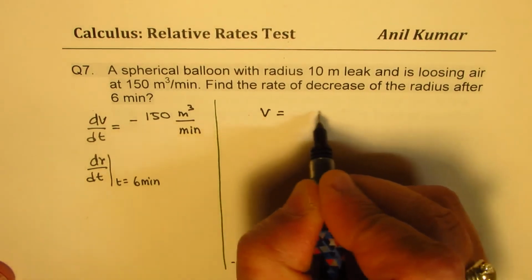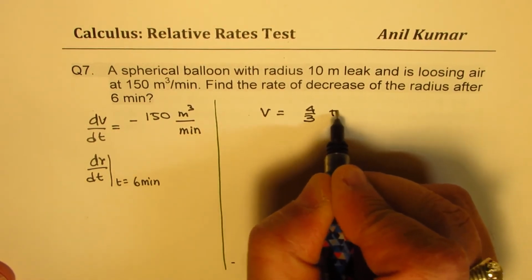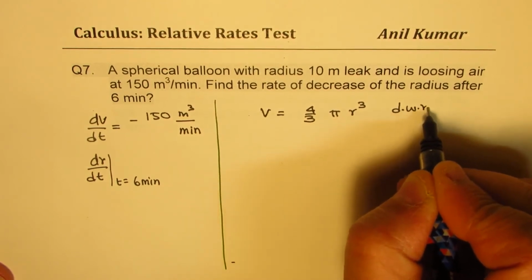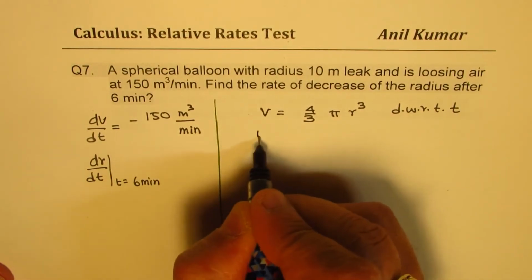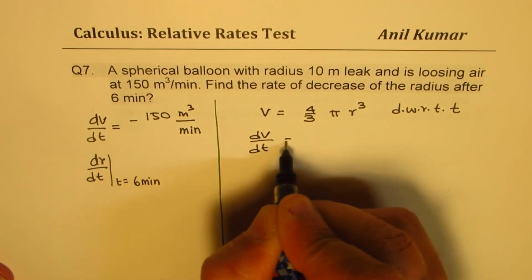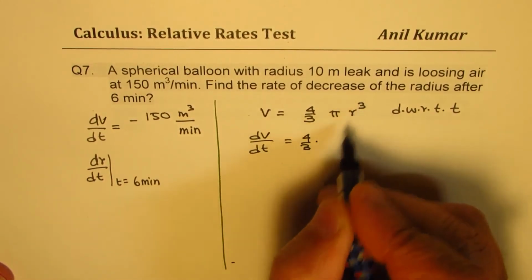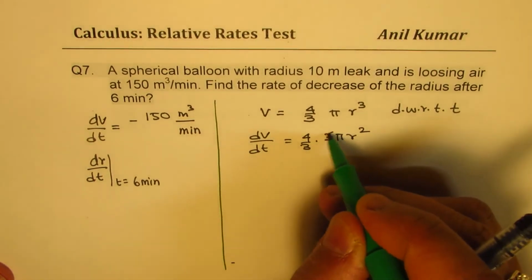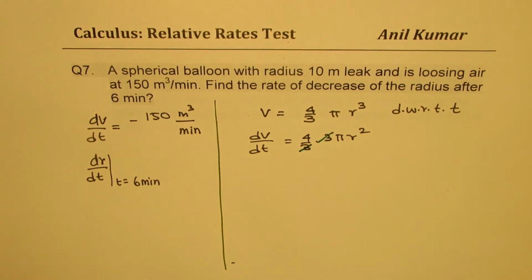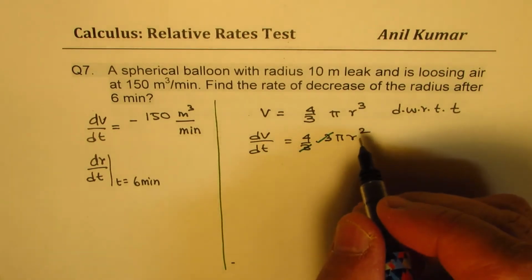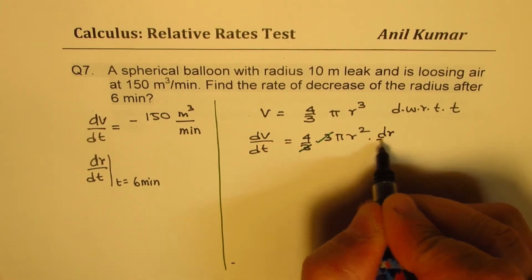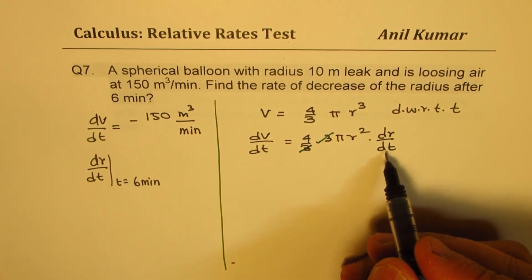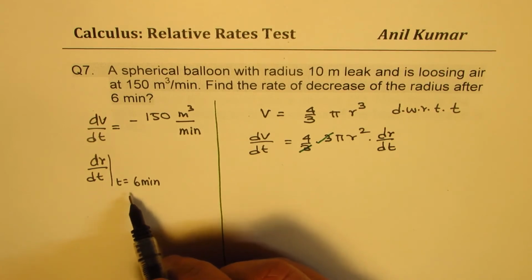We differentiate with respect to time, so we get dV/dt equals 4 by 3 times 3 pi r square. It becomes 4 pi r square, which is the surface area, times dr/dt. We need to find dr/dt when time is equal to 6 minutes.